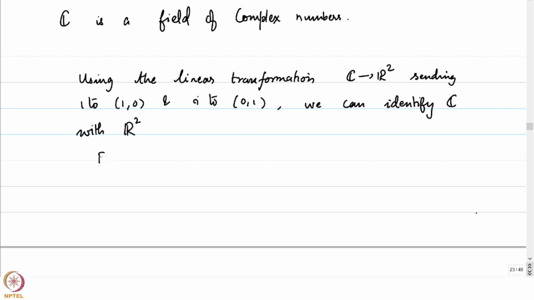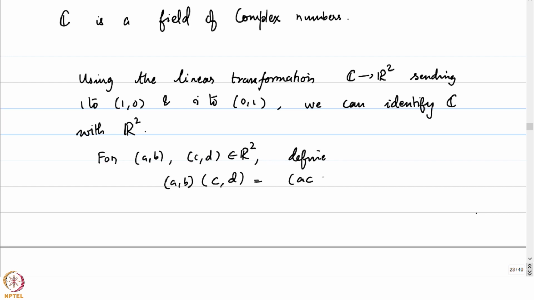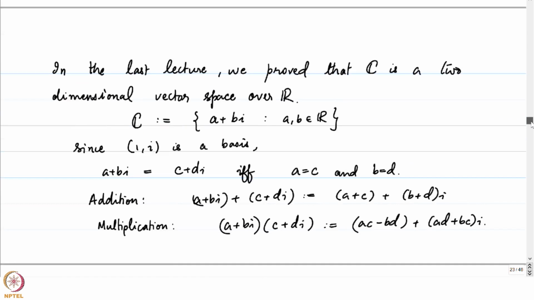So for (a, b) and (c, d) in R2, define (a, b) times (c, d) to be equal to (ac minus bd, ad plus bc).